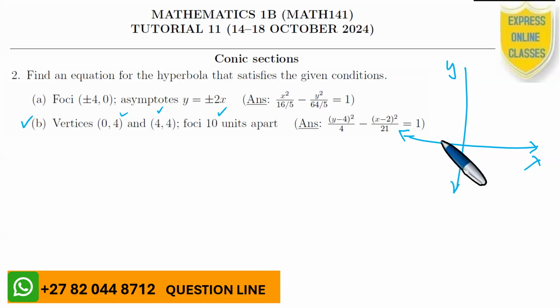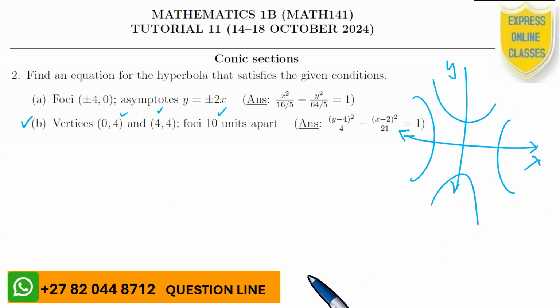What you want to see in the diagram is where the focal axis lies. Is the focal axis parallel to the x-axis or parallel to the y-axis? If it's parallel to the x-axis, then your graph is like this or like that. So this is what you want to see.